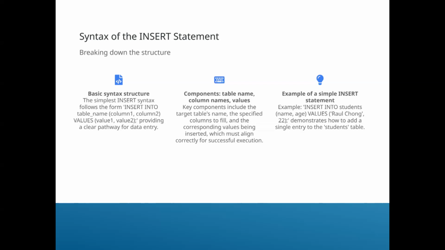So you are not directly going to insert it. If a table doesn't exist and you try to insert into it, it will give you the error that the table doesn't exist. Okay, so the components are table name, columns, and values. Key components include the target table name, the specified columns to be filled, and the corresponding values being inserted, which must align correctly for successful execution.